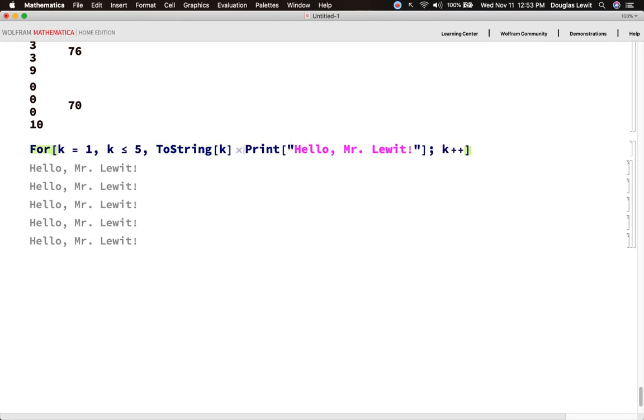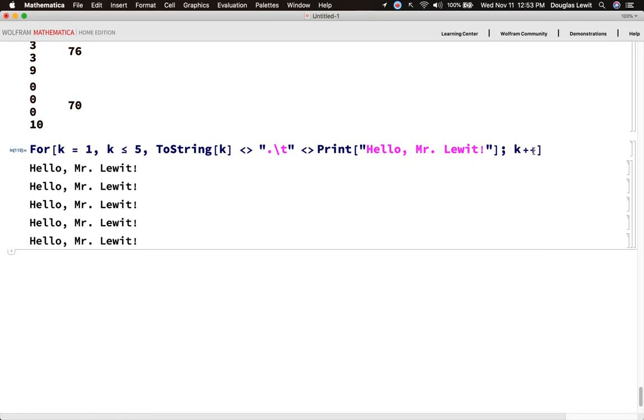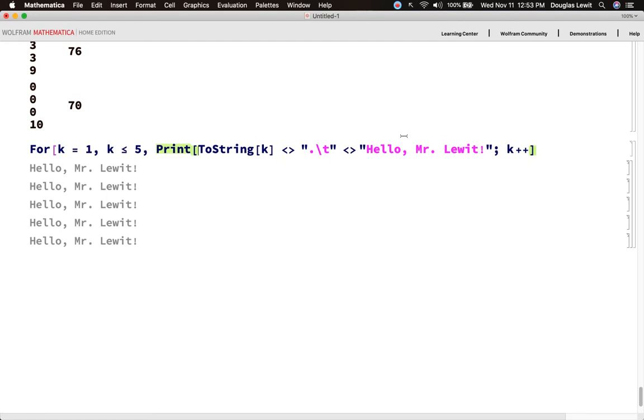ToString k. That's the symbol. This is the symbol for combining strings. And I could do something like that. Let's see if that works out. Okay, I want to print the entire message.